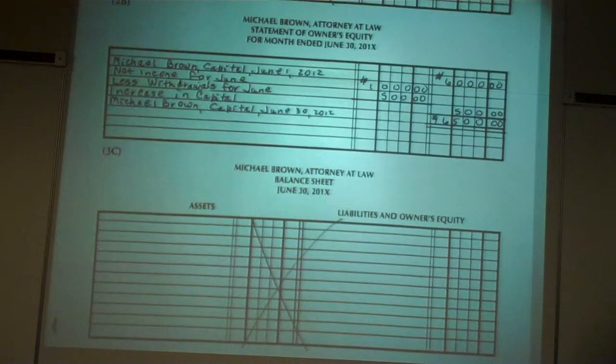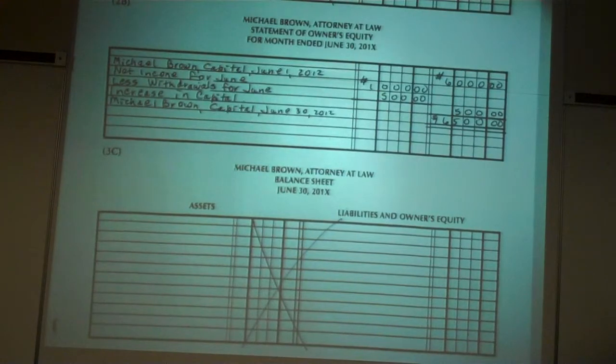Our first line is going to be Michael Brown Capital, June 1st. That was the initial investment, wasn't it? That's what we started with. Yes. That was that very first transaction.